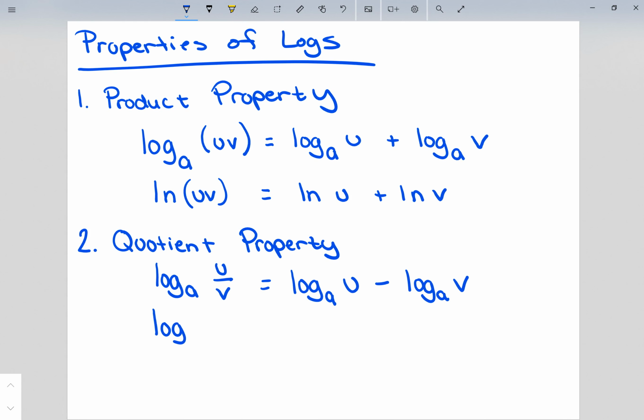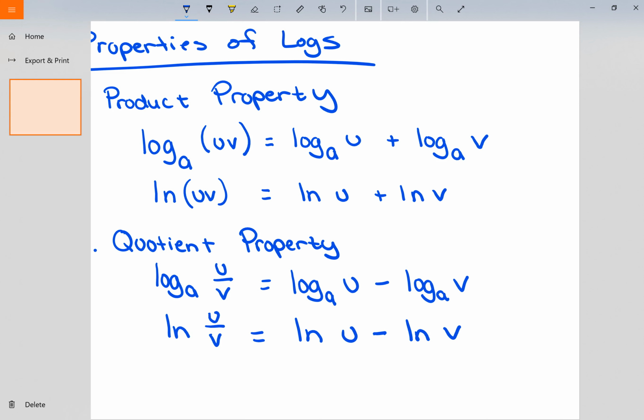And then we can have natural log of U divided by V, and again, we can expand that by using subtraction.